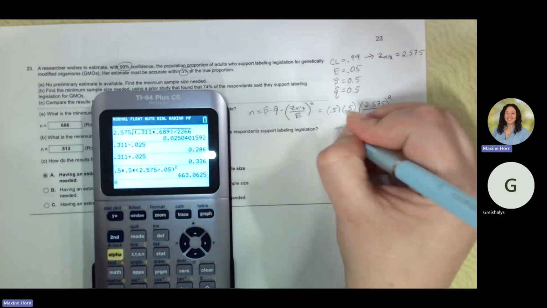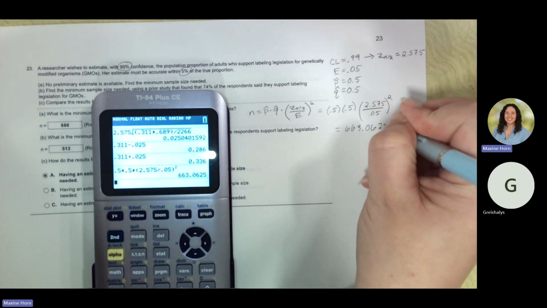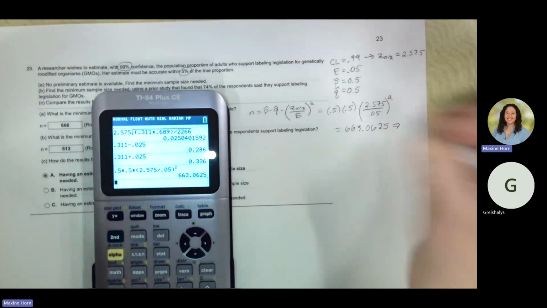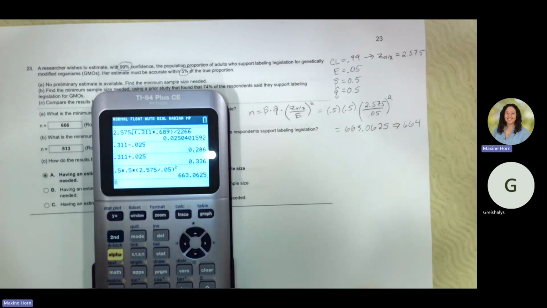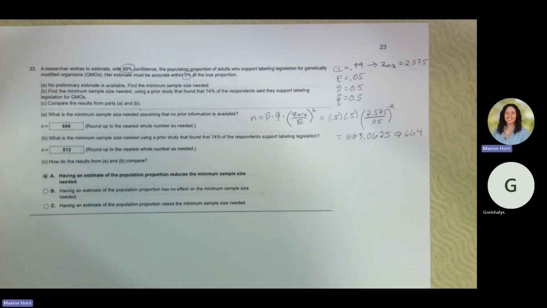Okay, so we get 663.0625. And what do we do with these when we're finding sample size? We always go up to the next number, right? Oh, how did I get 664 when they got 666?